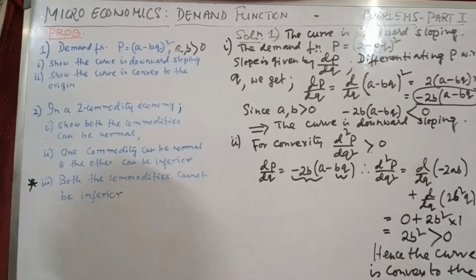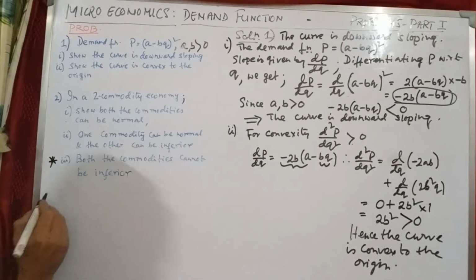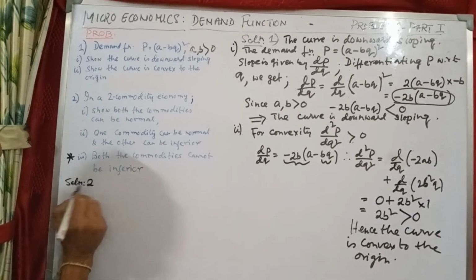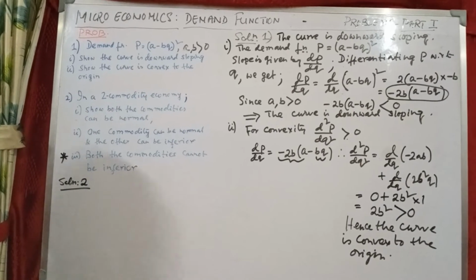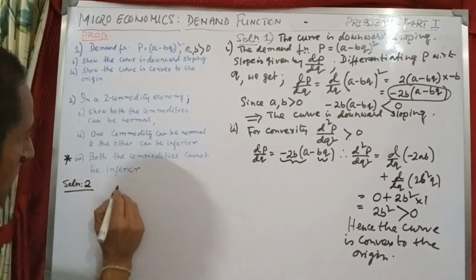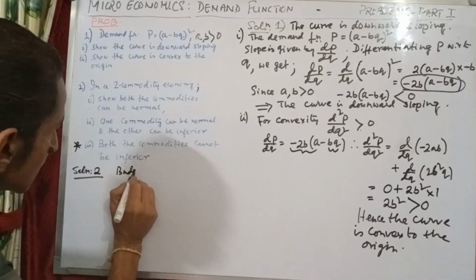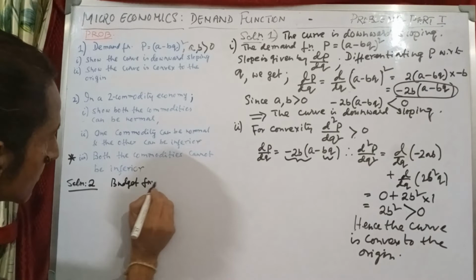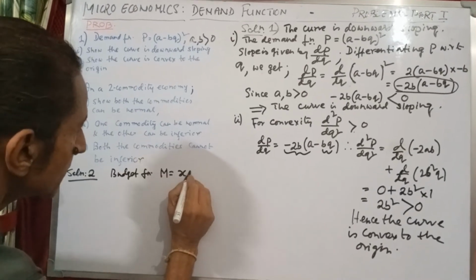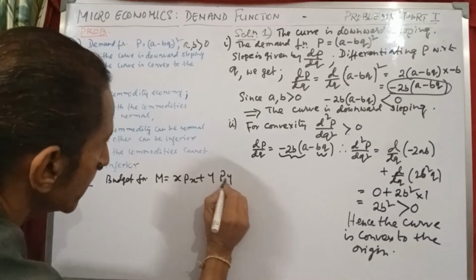Okay, so we are solving problem number 2. Solution 2. The budget function is m equals x px plus y py.